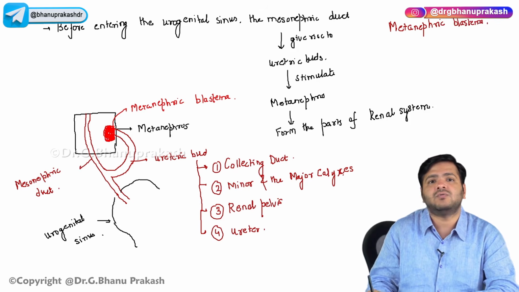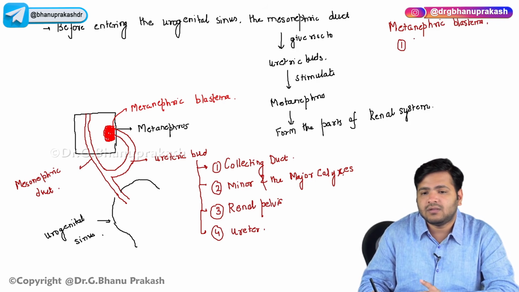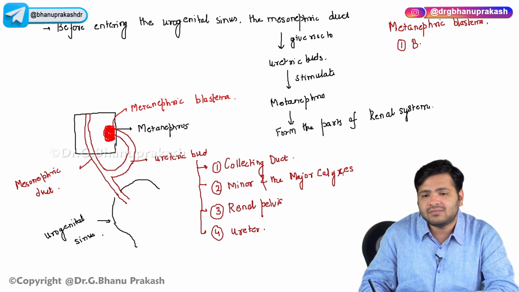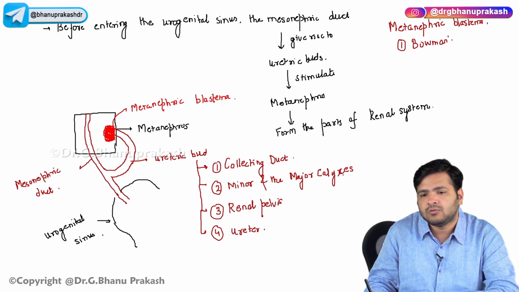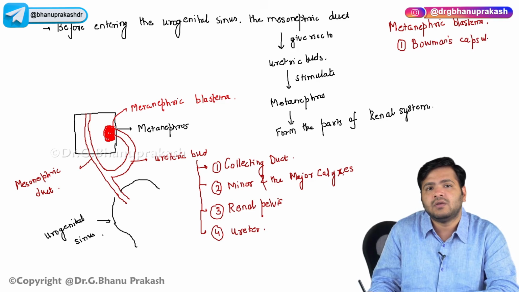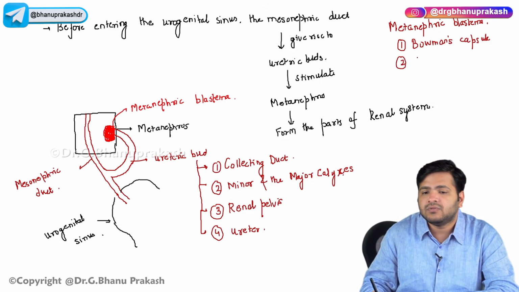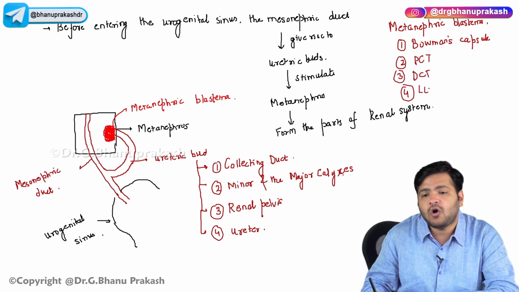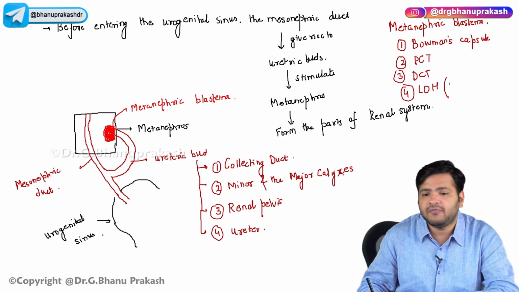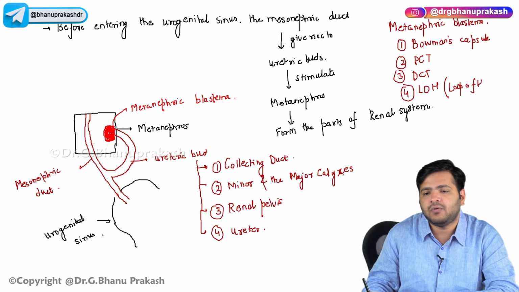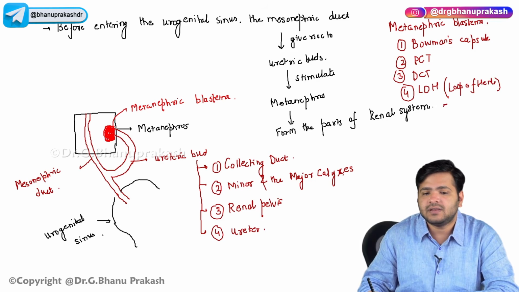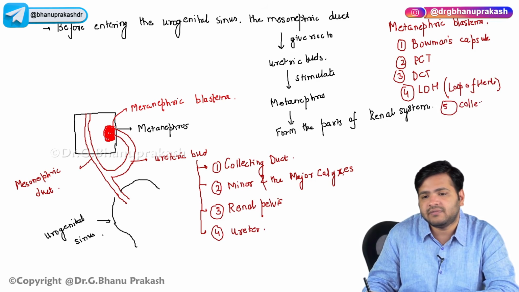Now, it will give rise to the very first structure in the nephron, that is the Bowman's capsule. We have the proximal convoluted tubule, the distal convoluted tubule, the loop of Henle, and ultimately the collecting tubules.